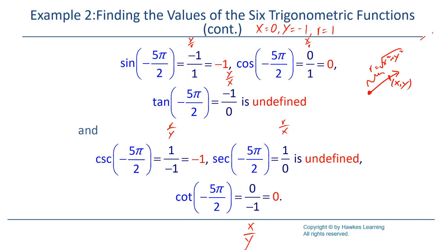And so it may just say, find sine of theta given x is this and y is this. And then it's your job to find the radius and then solve these just using the relations between the trig functions and x, y, and r.